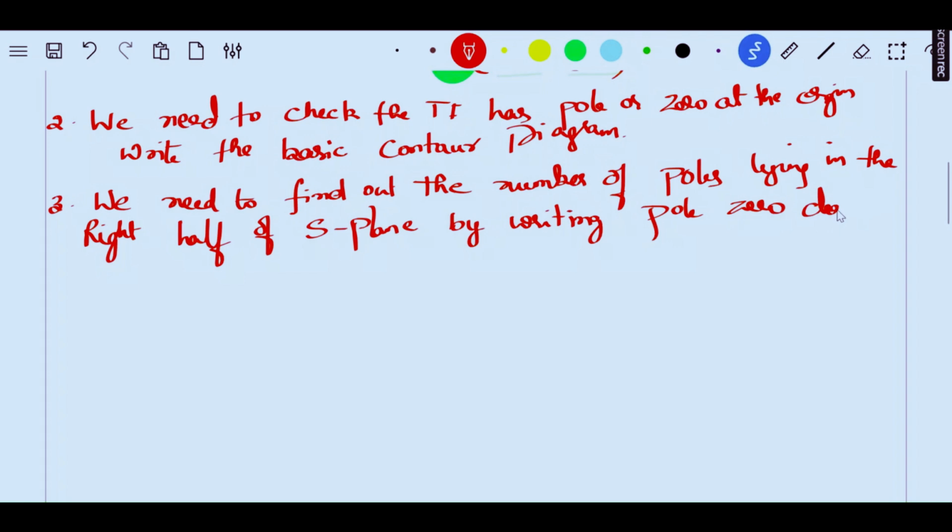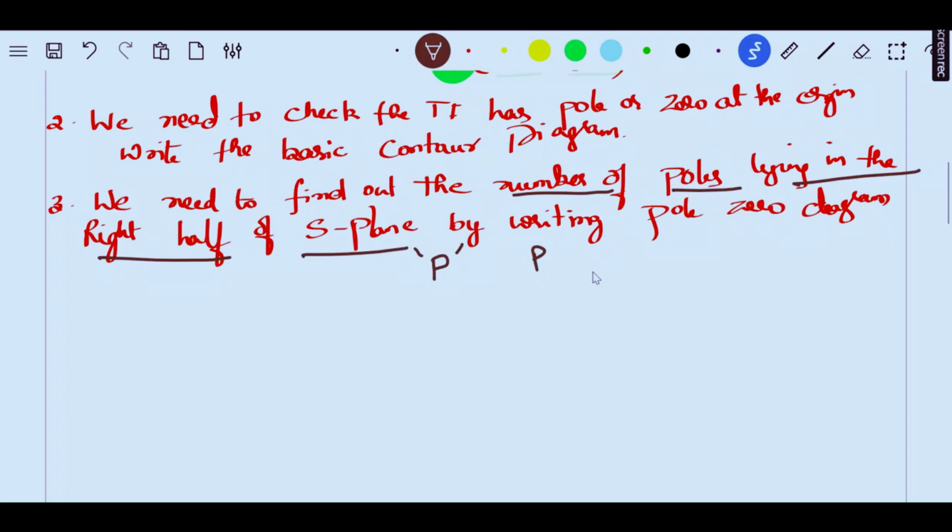This number of poles lying in the right half of the S plane is denoted with the alphabet P. This is a very, very important parameter that we find out, which is P.